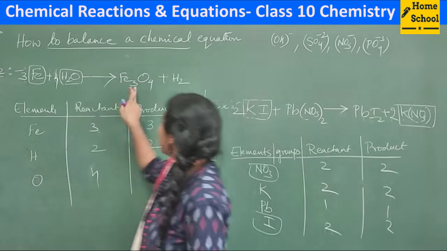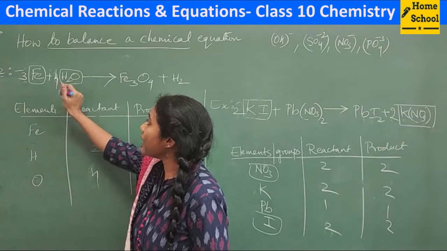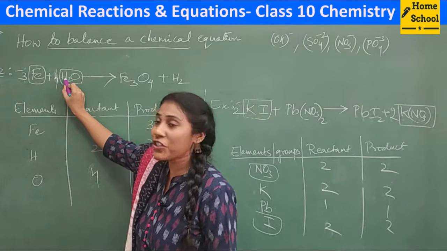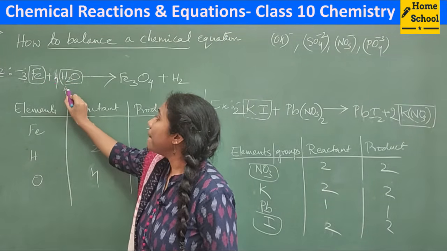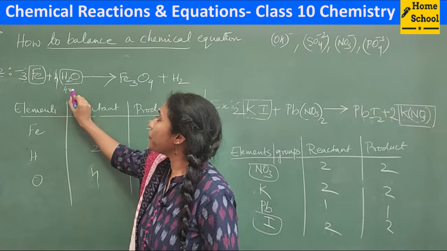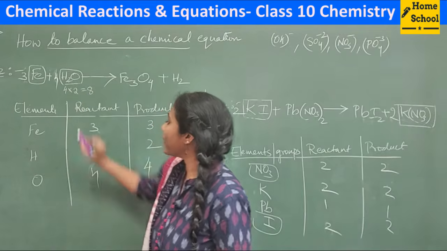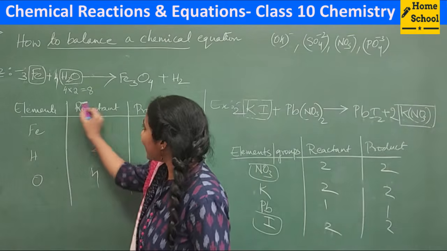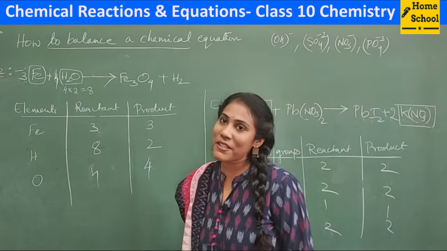Iron 3 balanced. Hydrogen, you see, now how many hydrogen atoms? This 4 belongs to hydrogen also. So 4 into 2, you have to do like this. This 4 multiplies with this subscript 2. 4 into 2, how much does it become? 8. So that means in the reactant side, you have 8 hydrogen atoms now.